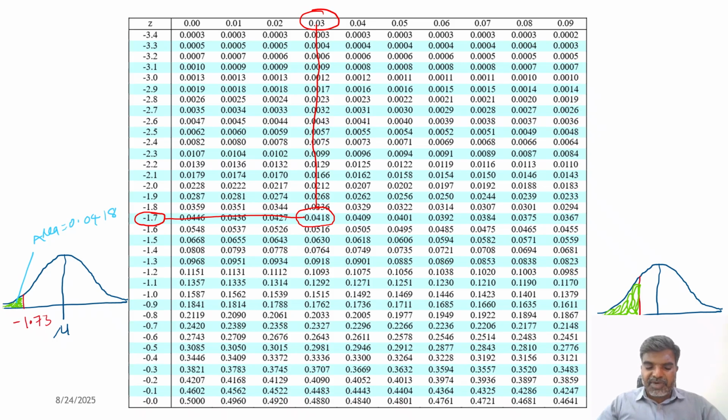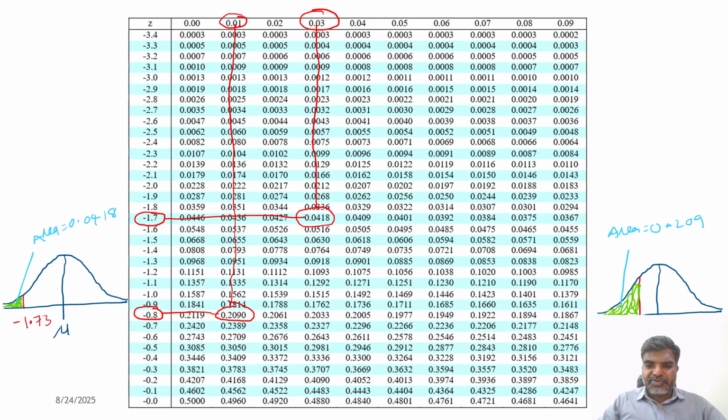Now we have to look for minus 0.8. See, this is minus 0.81. For the 1, you have to see the top row. Look at this, this is the corresponding value, 0.209. So this is the area.